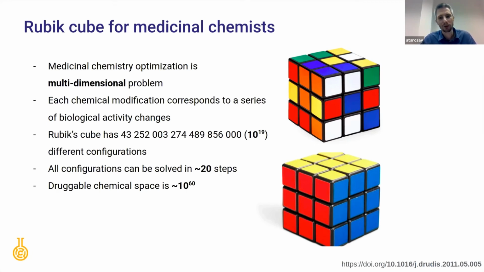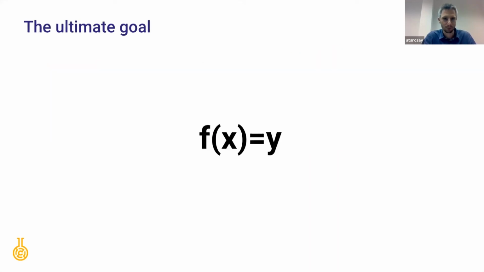And therefore, this is the demand for computational tools that can analyze the data, that can rely on physics-based methods to help the medicinal chemists at each and every turn on how to change the structure of interest.